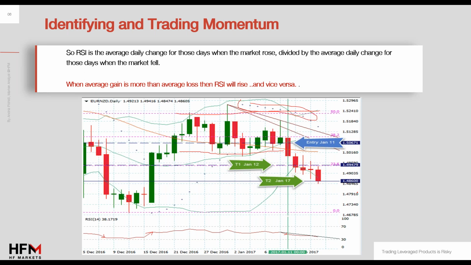your exit strategy. In this example, we have used as exit strategies, as target levels, the Fibonacci levels, along with a risk and reward ratio. So the 23.6 was the very first target, and the second target was double the distance from the entry.